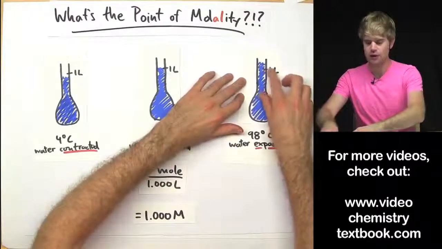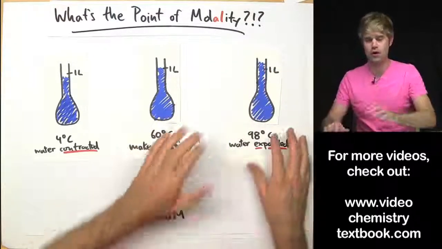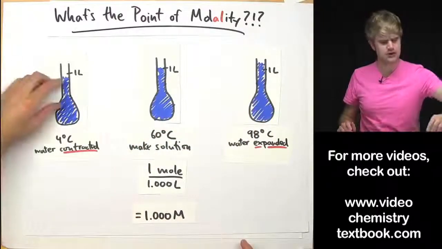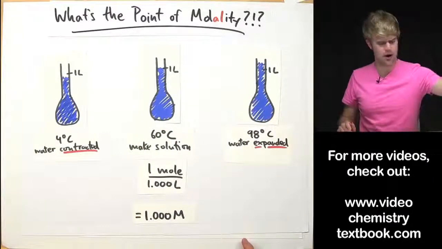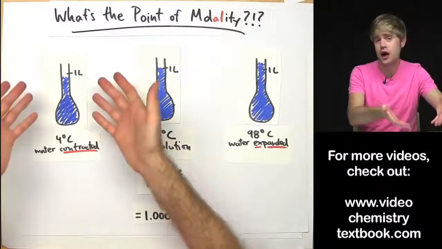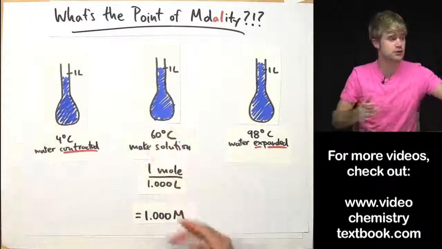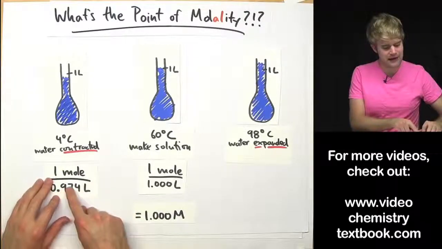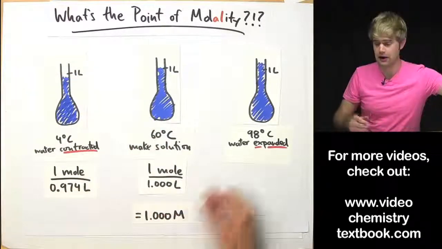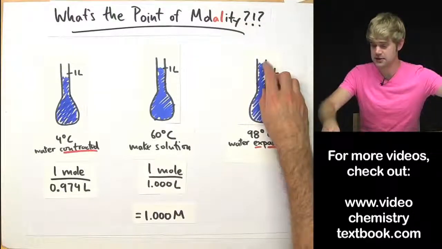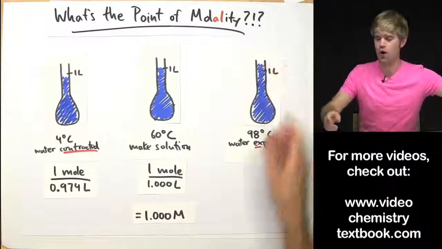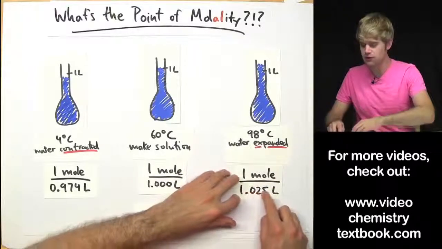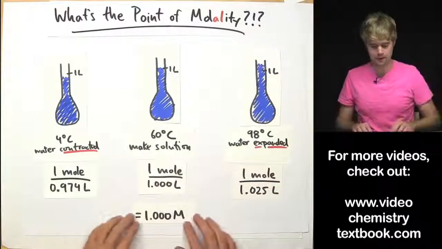So instead of 1 liter, now I have more than 1 liter of solution in this flask. The volume has changed, but the amount of solute has not, because the solute is still just dissolved in the solution. So now I have 1 mole of solute, but it's only in 0.974 liters because the volume has gone down. In the example where the water expanded, I have 1 mole of solute in 1.025 liters because the volume went up.